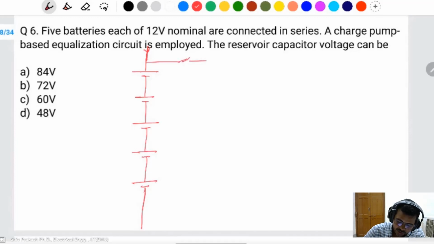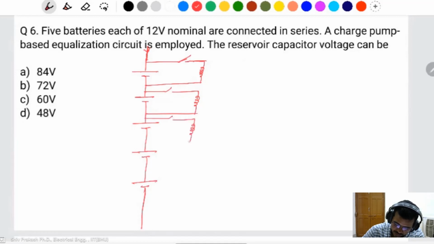Switches are connected, and in charge pump method, an inductor and a capacitor are used. So, diode is there.